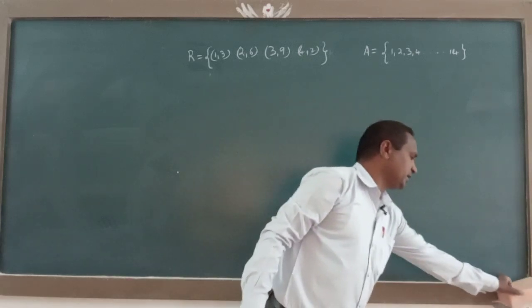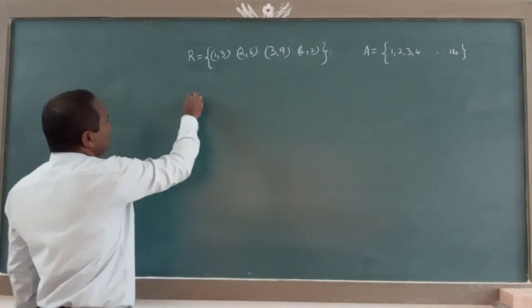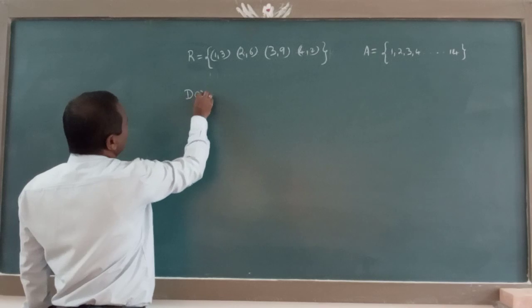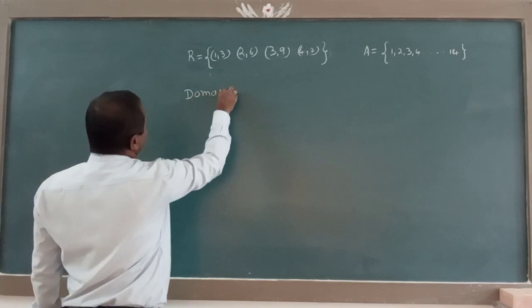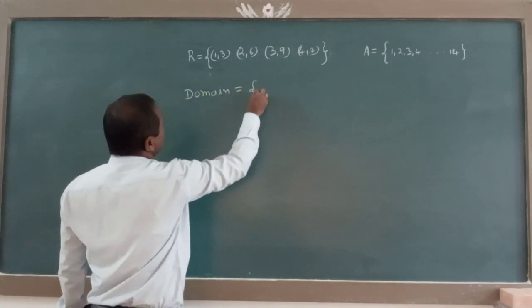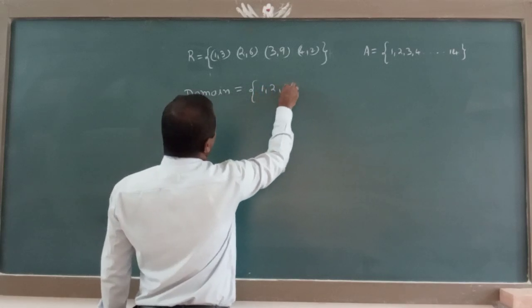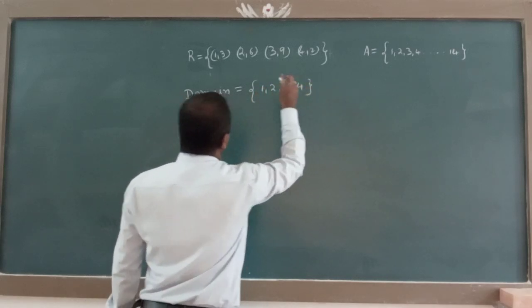For this, we can write: domain is the set of all the first elements of the relation capital R. What are the first elements here? 1 comma 2 comma 3 comma 4.